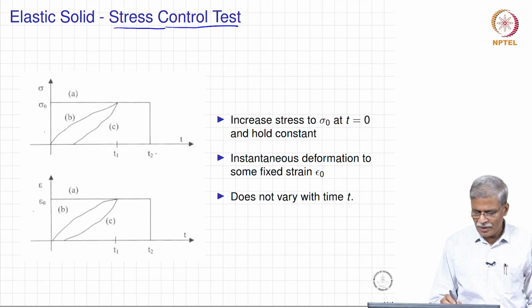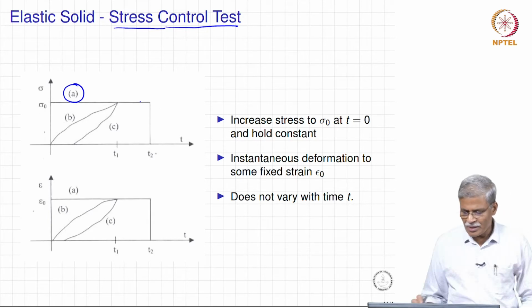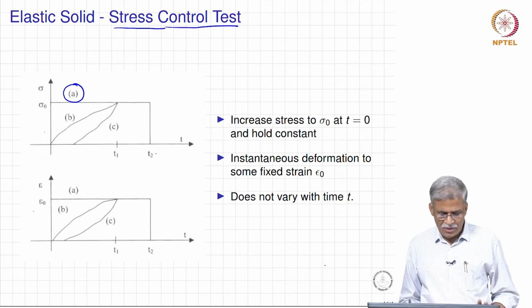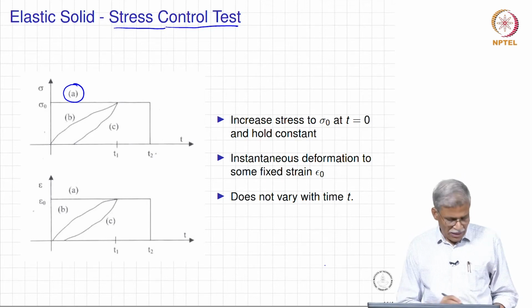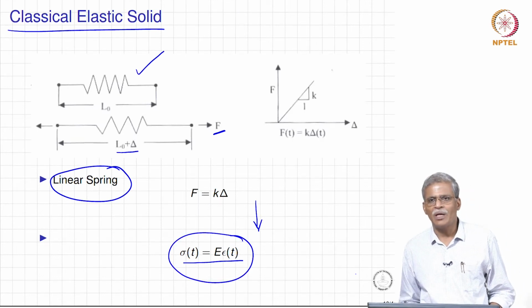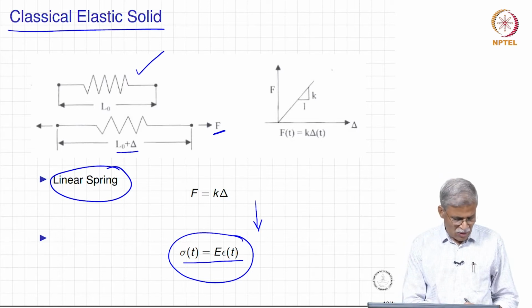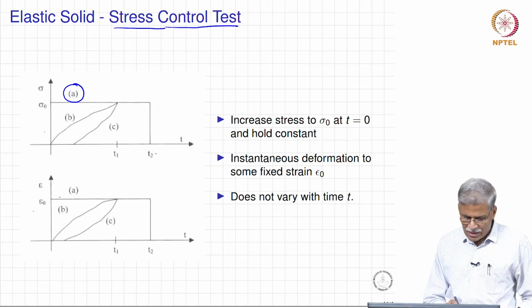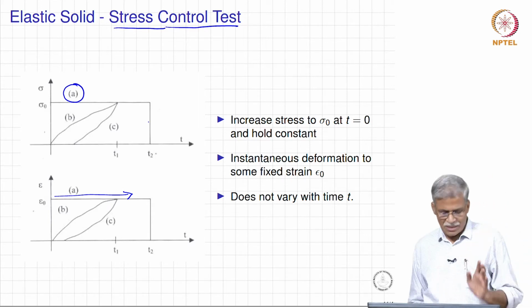So, I am applying a stress given by A, in which I apply a sigma naught here, and since the response of the material, in fact, if you look at this equation, sigma of t is equal to E times epsilon of t, and since E is the constant, what we are going to get is the response of the strain is also identical in nature to the stress that we have given here.